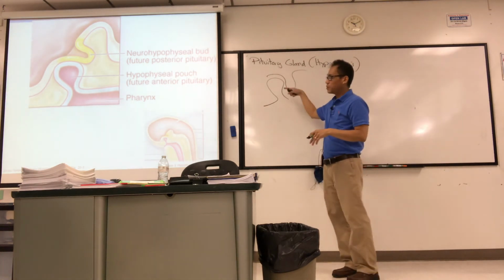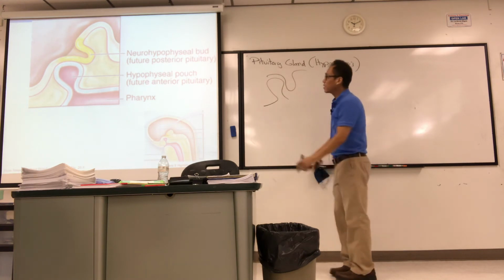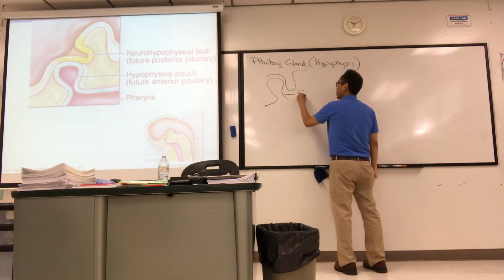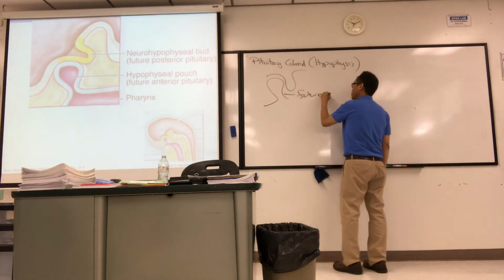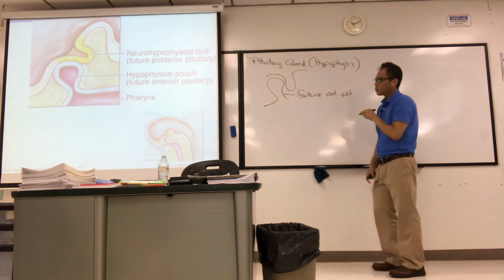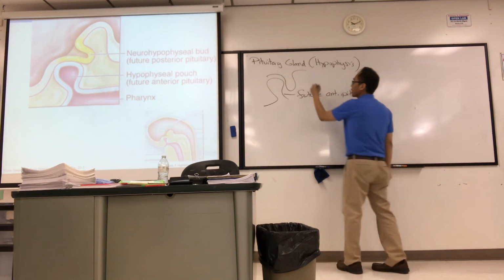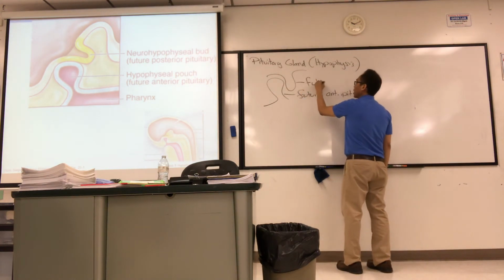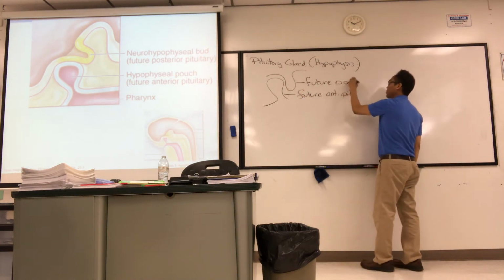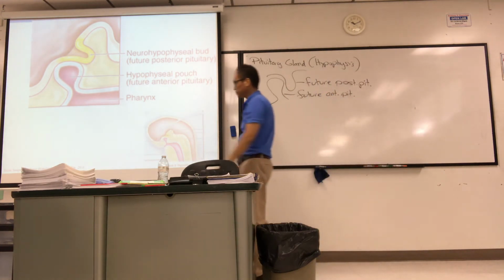These are two different tissue types. The upgrowth is epithelial. The downgrowth is neural tissue. It's the future posterior pituitary. I'll give you the full names in just a second.